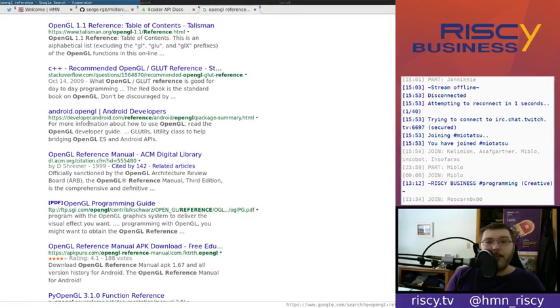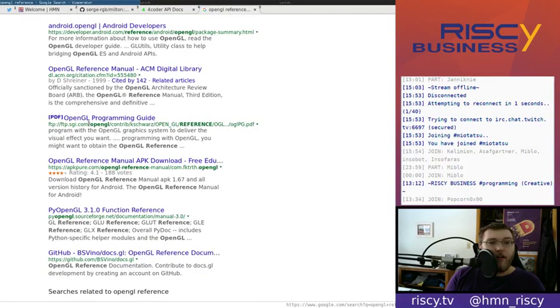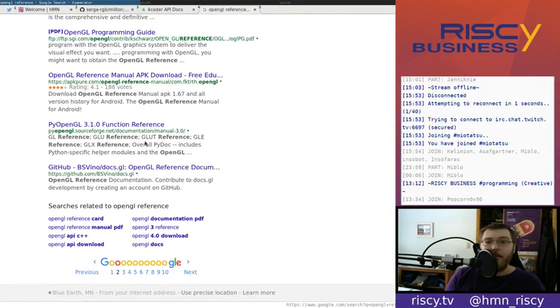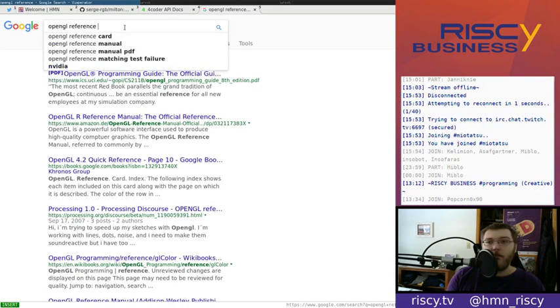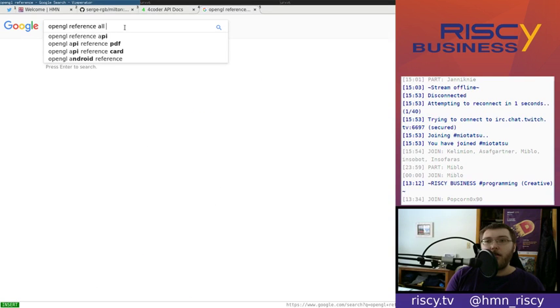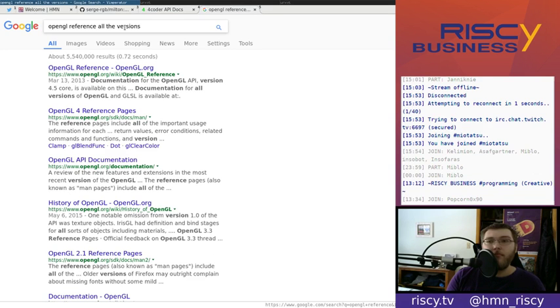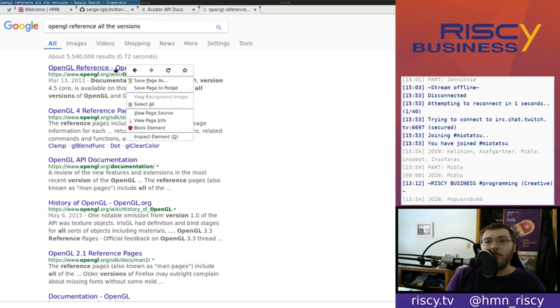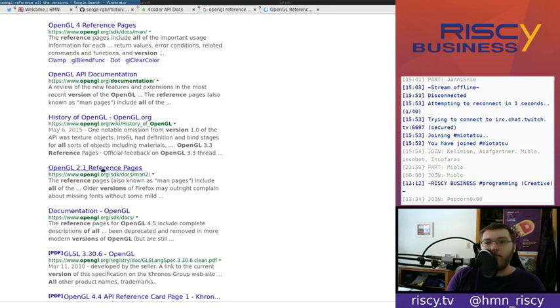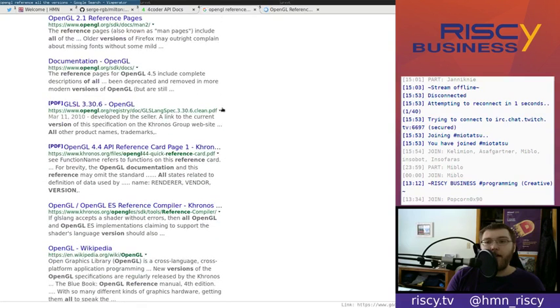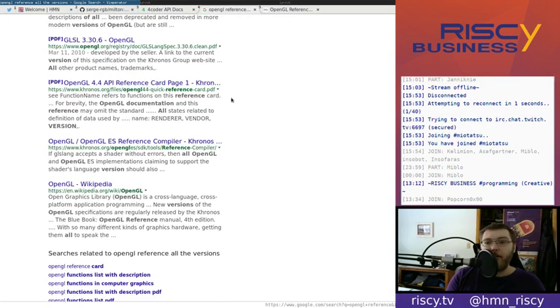I remember there was this really nice site that had like all the different versions of OpenGL. And it was a really good reference. But I don't remember what it was. All the versions. I don't think it was like an official reference that I'm thinking of.